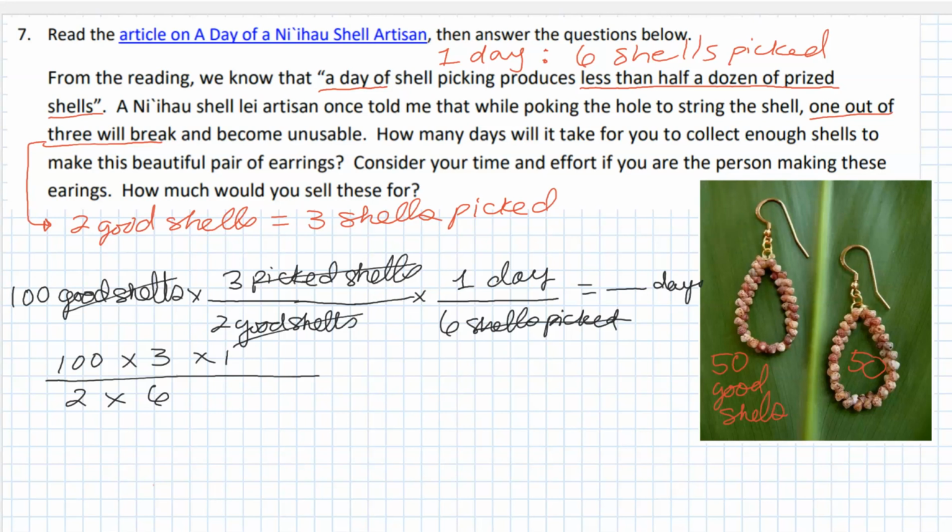I mean, you can actually do that in your head, right? 3 times 100 is 300. 300 divided by 12 is going to be 25 days. It is going to take you 25 days to pick enough shells to make this beautiful earring here.